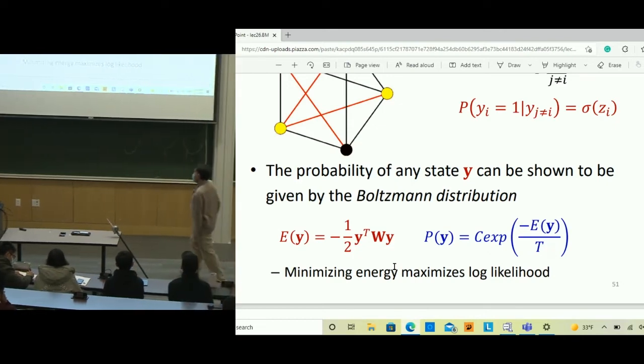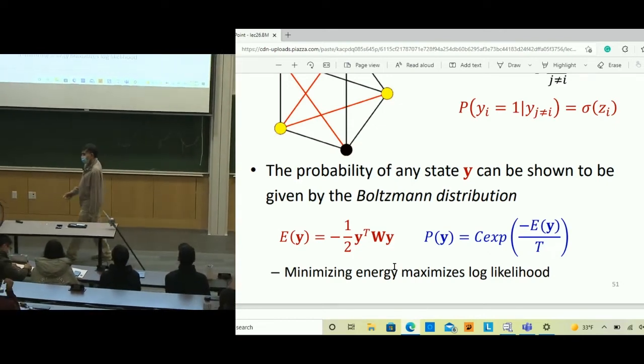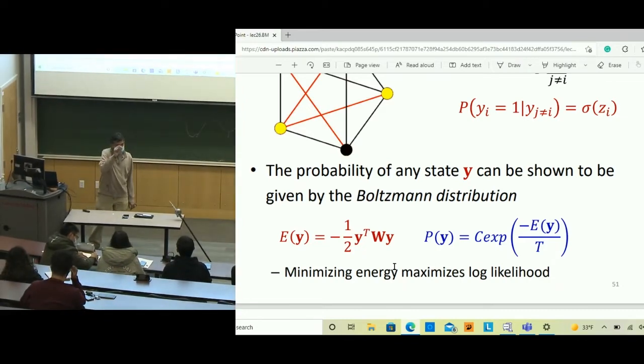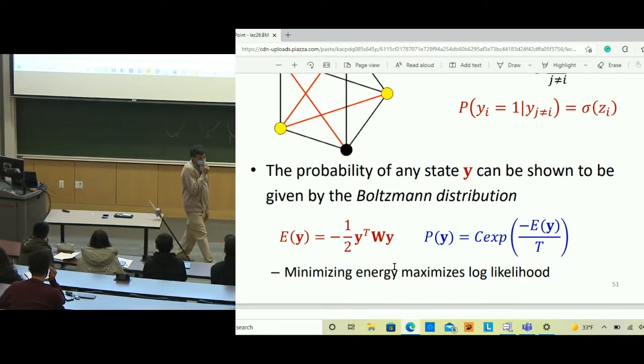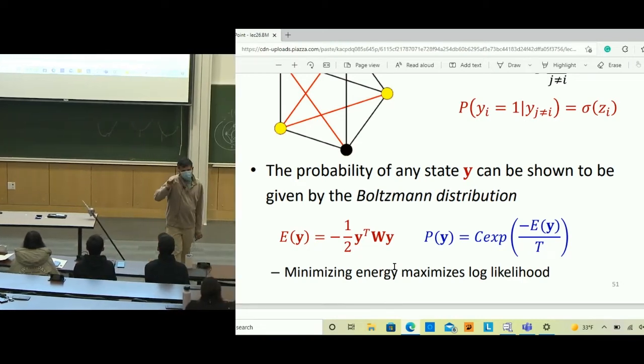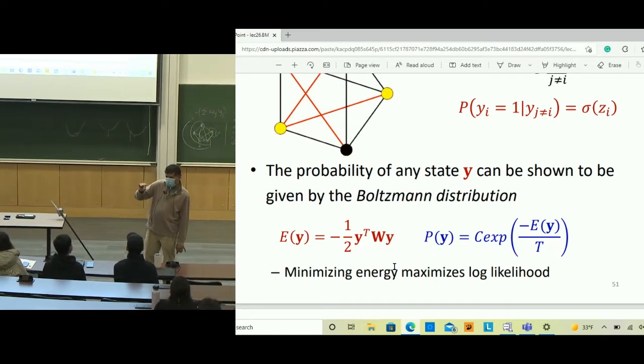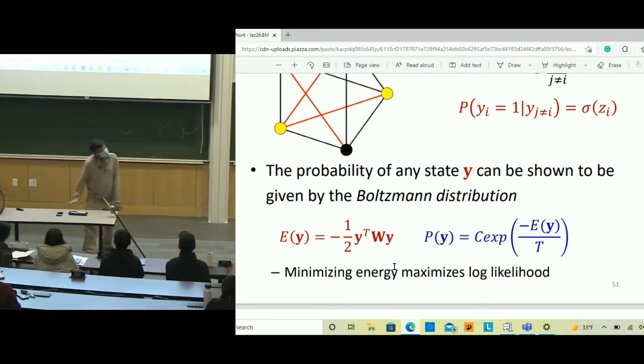You can stop when, as the system evolves, the log likelihood of the system, which is basically the energy of the system, is going to jitter. And when the jitter in the energy of the system decreases and comes down to some low value.